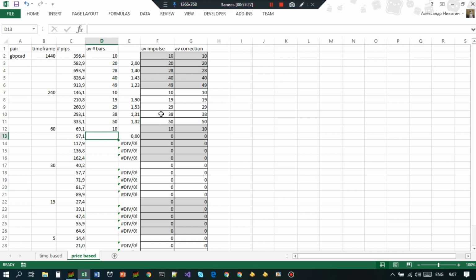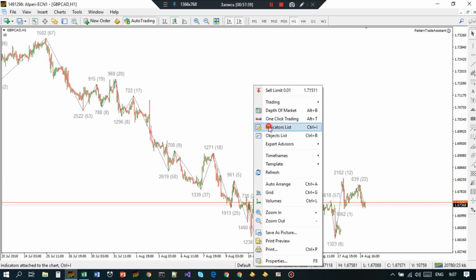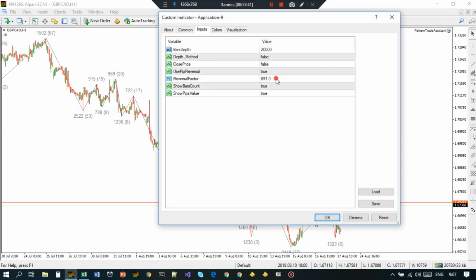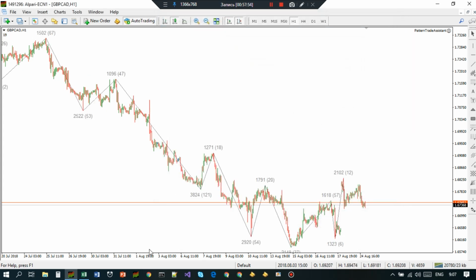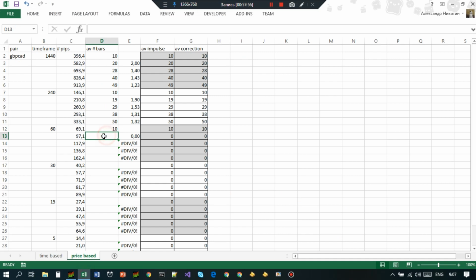They have different price duration, but they have equal time. 97.1, and I anticipate that it is 20, or somewhere around 20. 19 maybe. Okay.